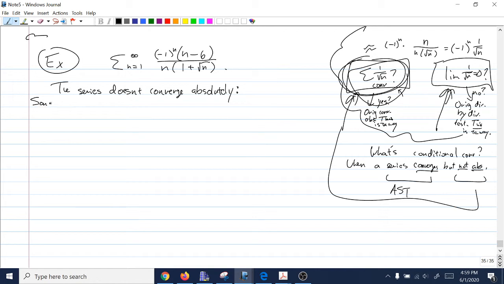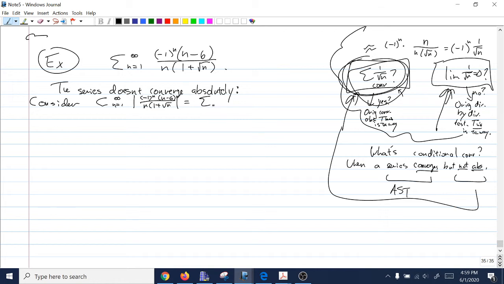Since, consider the sum with absolute values on it. Oh geez.